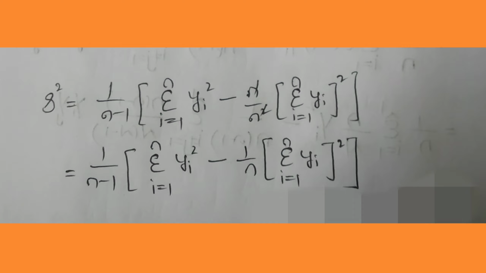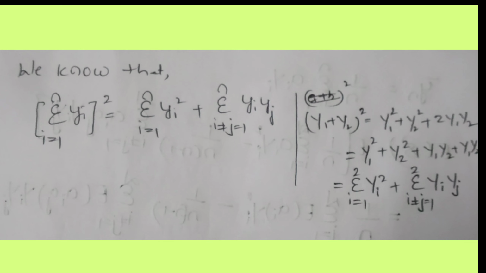Here n is a constant, so we write it before the square term, so we get 1 by n minus 1 summation i ranges 1 to n yi square minus n by n square summation i ranges 1 to n yi whole square.